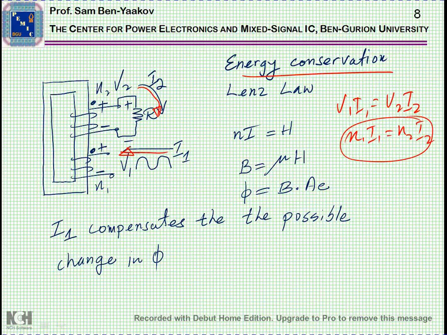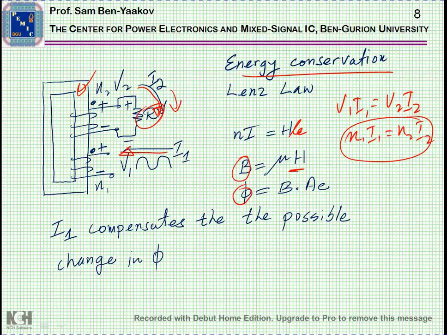If we have a load here, then no question there's going to be a current, and the current will be V2 over R. As we have the current flowing, the current will initiate a magnetic field in the core. The relationship should be Le here. Therefore, there will be a change of flux, which is related to the magnetic field. Therefore, there's going to be a change in flux density.